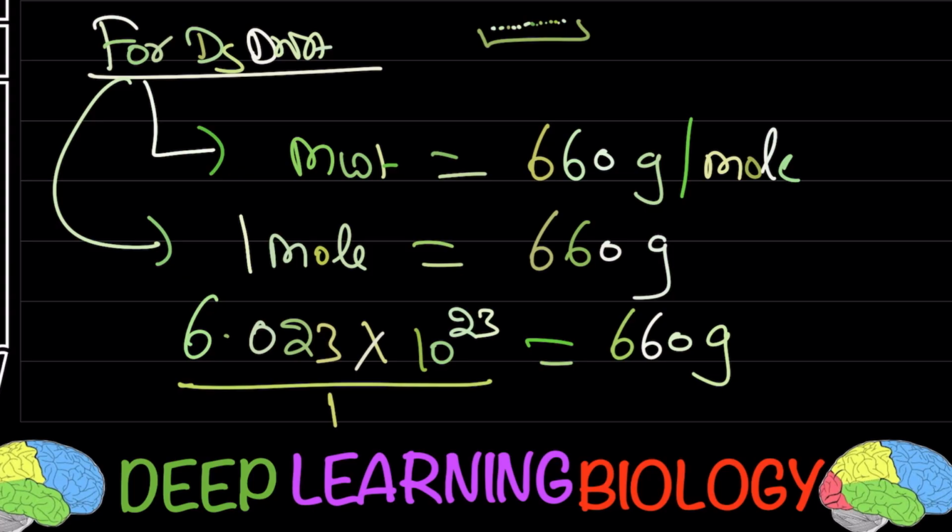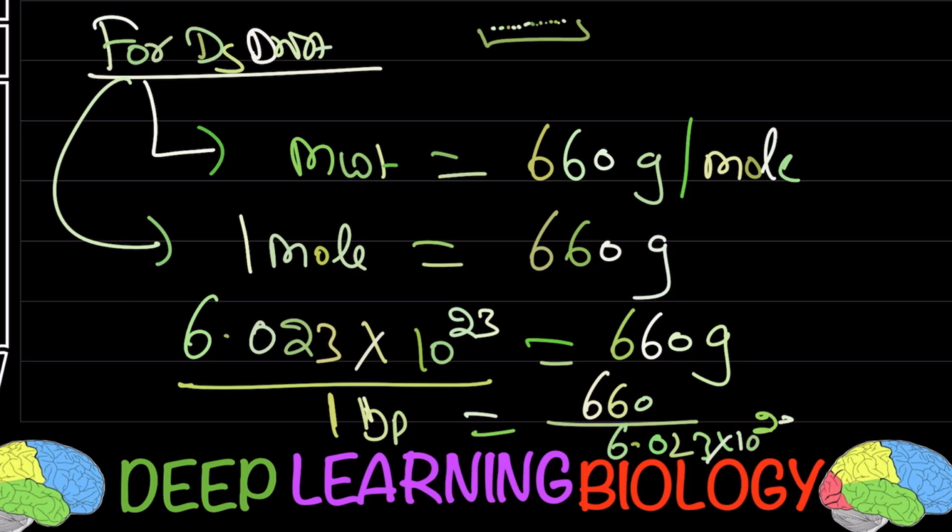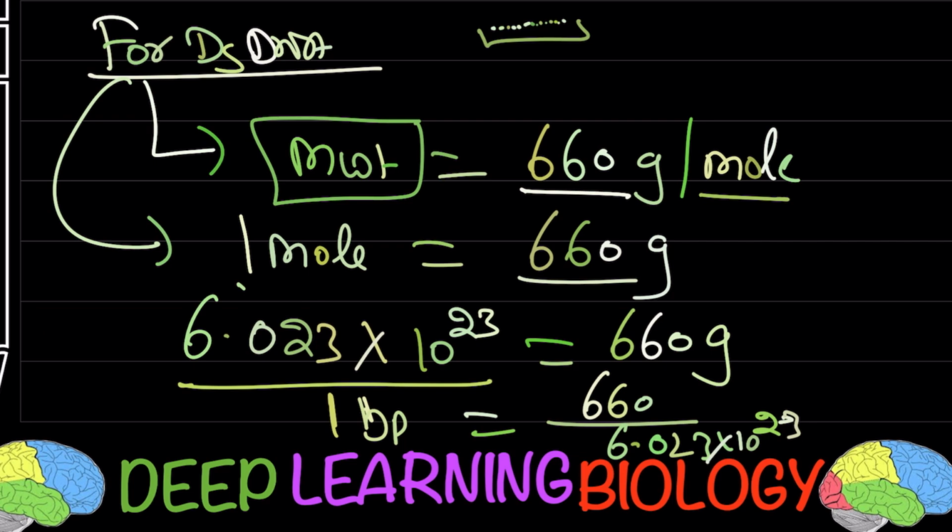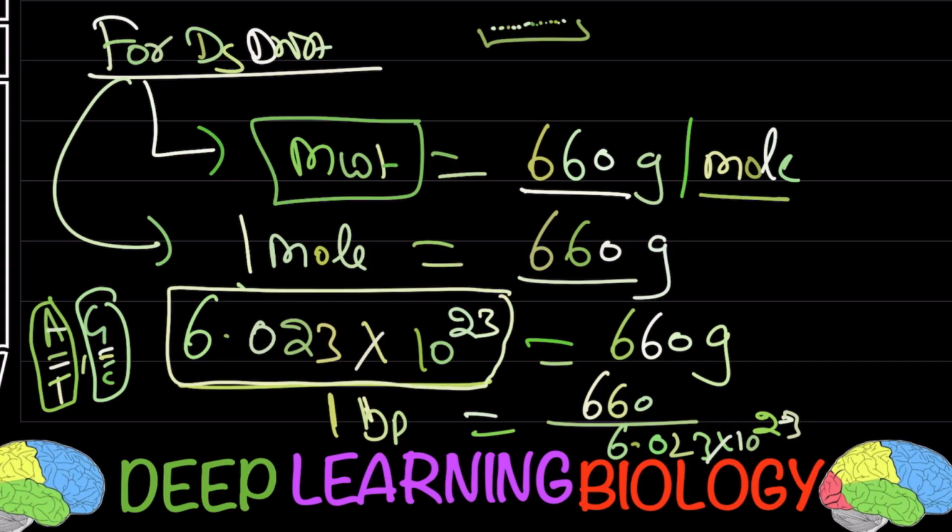For double stranded DNA, the molecular weight is 660 gram per mole, and 1 mole weighs 660 gram. 6.023 into 10 to the power 23 molecules of A paired with T, G paired with C, they are going to weigh 660 gram.